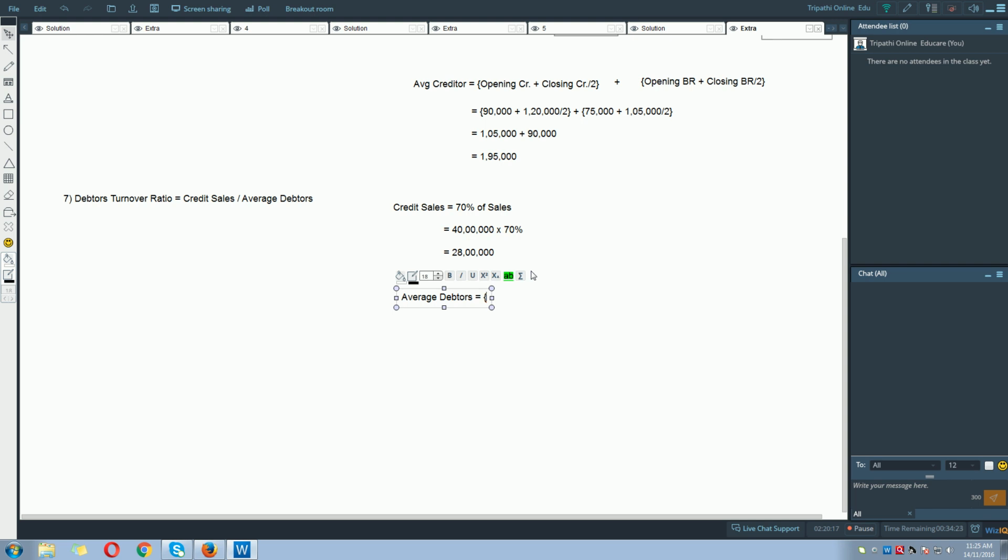That is equal to credit purchase is 29,40,000 divided by average creditor is 1,95,000. That is equal to 15.08 times.